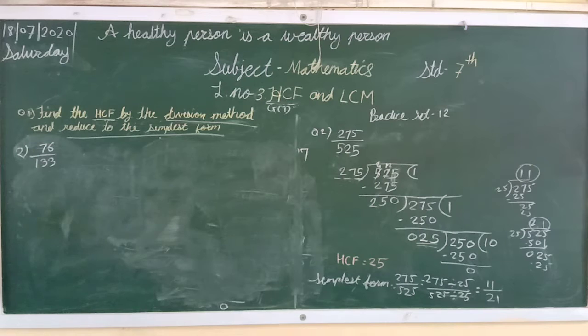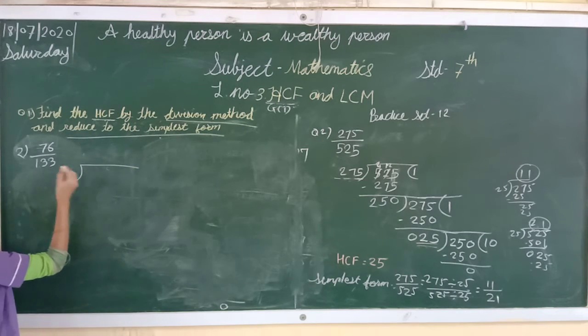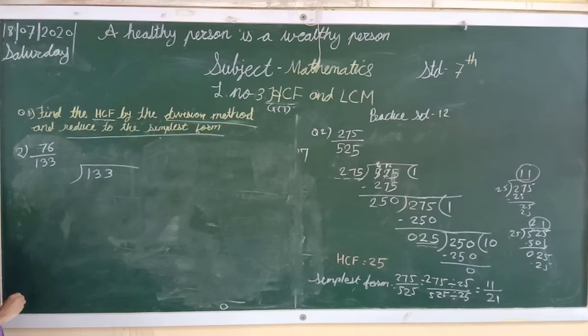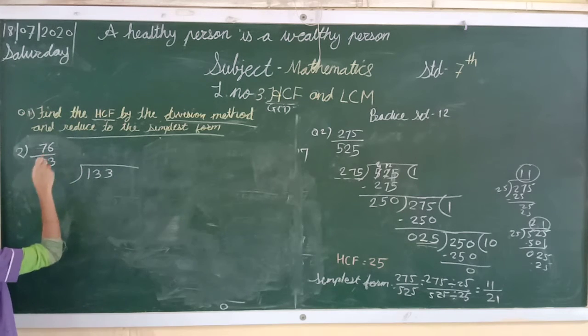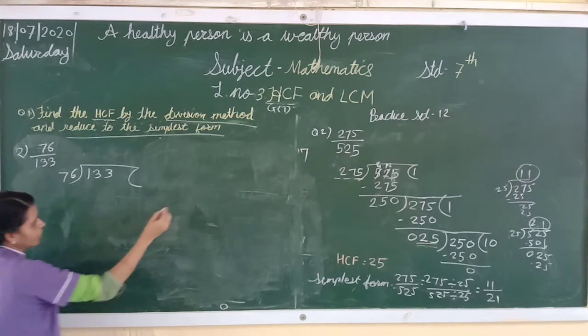Okay. Again, students, we will divide the greatest number by the smallest number. So which one is the greatest number? 133 is the dividend, and which is the divisor? 76. Okay, now students look.